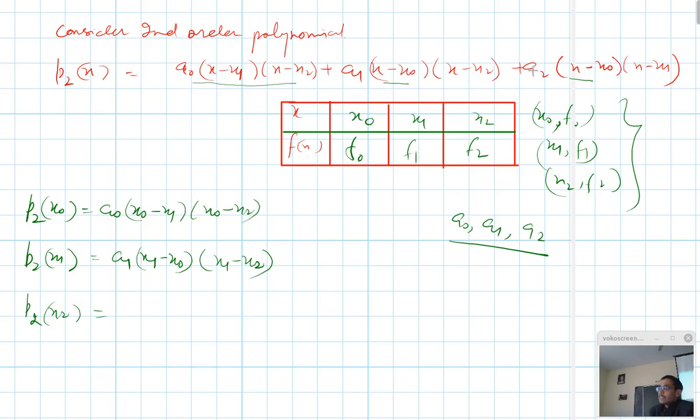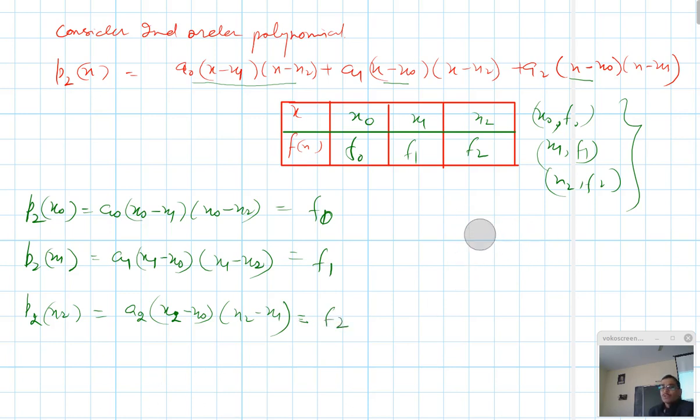Is it clear? Okay. So that means it is a2 times x2 minus x0 and x2 minus x1. And these are equivalent to f0, f1 and f of 2.